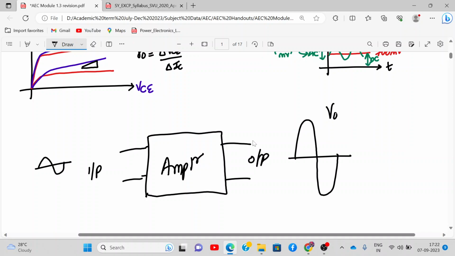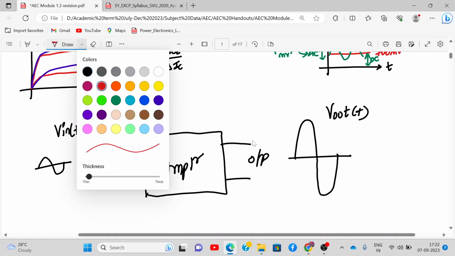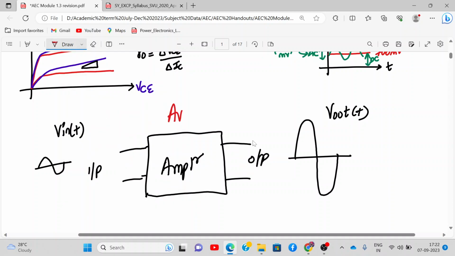So this is Vout(t) and Vin(t). One condition to be an amplifier is that AV, the gain, should be high. But the amplifier should be linear also. What do you mean by a linear amplifier? If the input is sinusoidal, the output also is sinusoidal. The output should not be like this.